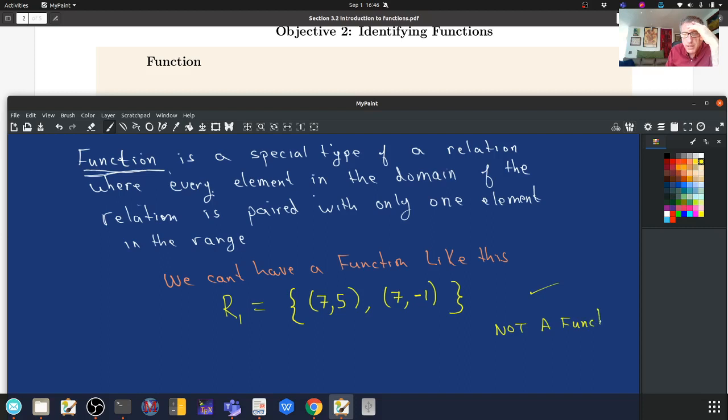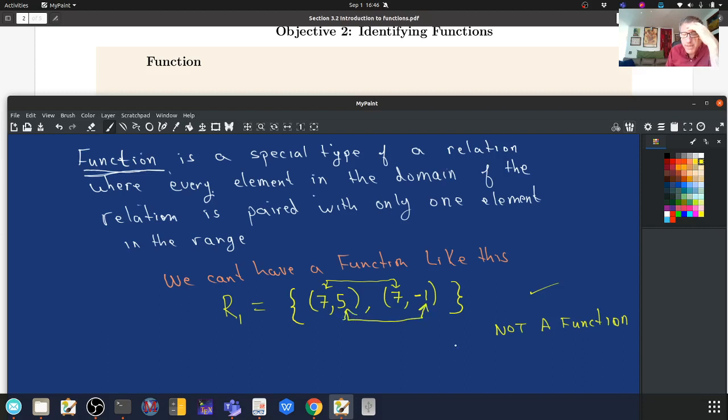Why? Because it fails the function test. Because here I have 7 in the domain, and 7 is paired with a 5 and a minus 1. So it's an ordered pair where the domain value 7 is the same in each case, but the range values are different.